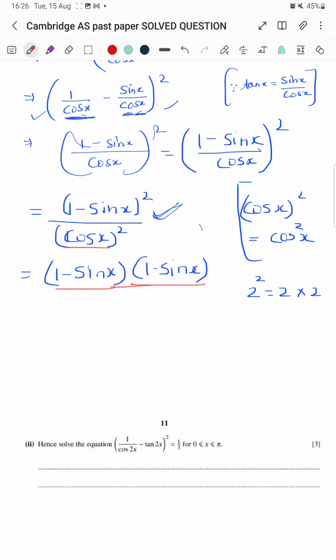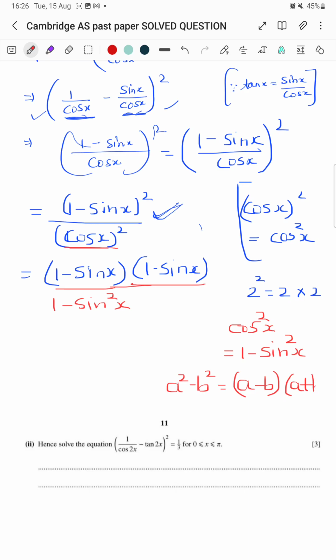And in the denominator it is cos squared x, and we know that cos squared x is equal to 1 minus sin squared x. So we will write 1 minus sin squared x over here. Now if you know the factorization, a squared minus b squared is always equal to (a minus b) times (a plus b).